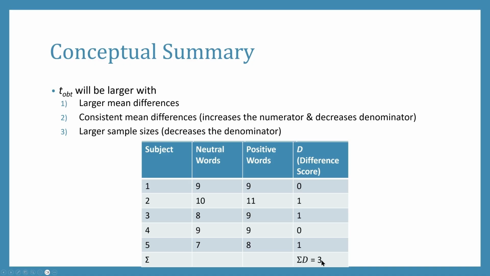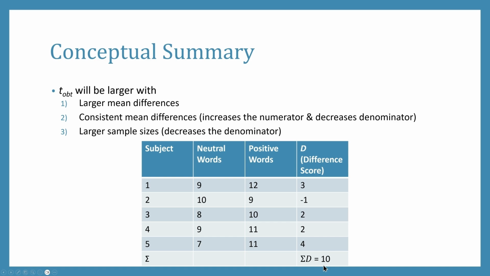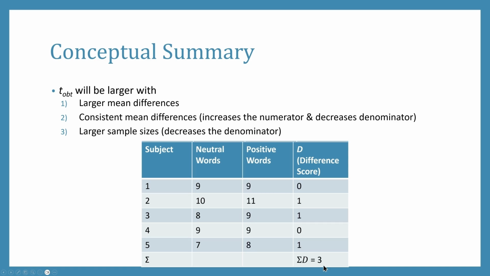And so the average change between the neutral and the positive word list, we would divide that by 5. So it would be 0.6. So our t-value is going to be way smaller than it was previously. So larger mean differences, higher numerator, more likely that we can reject the null hypothesis.